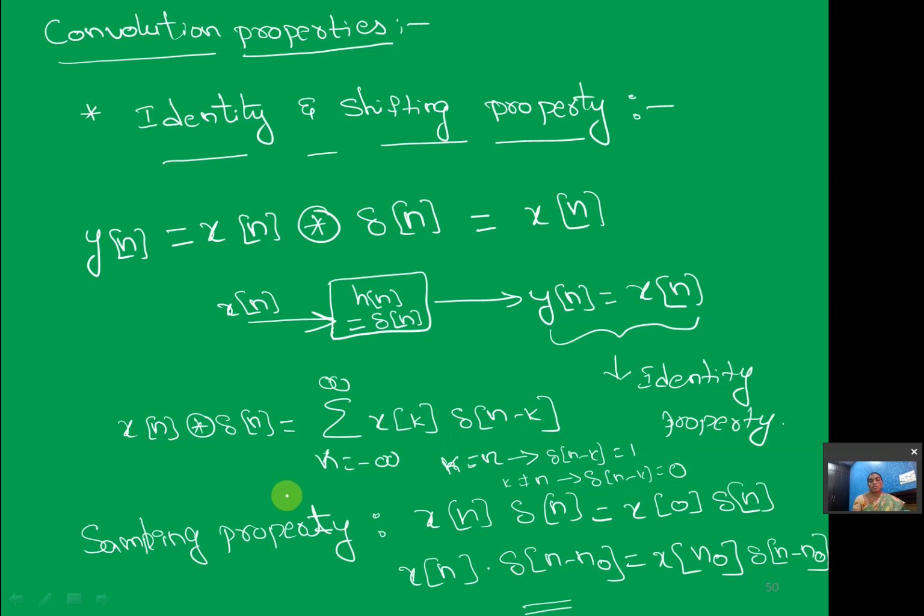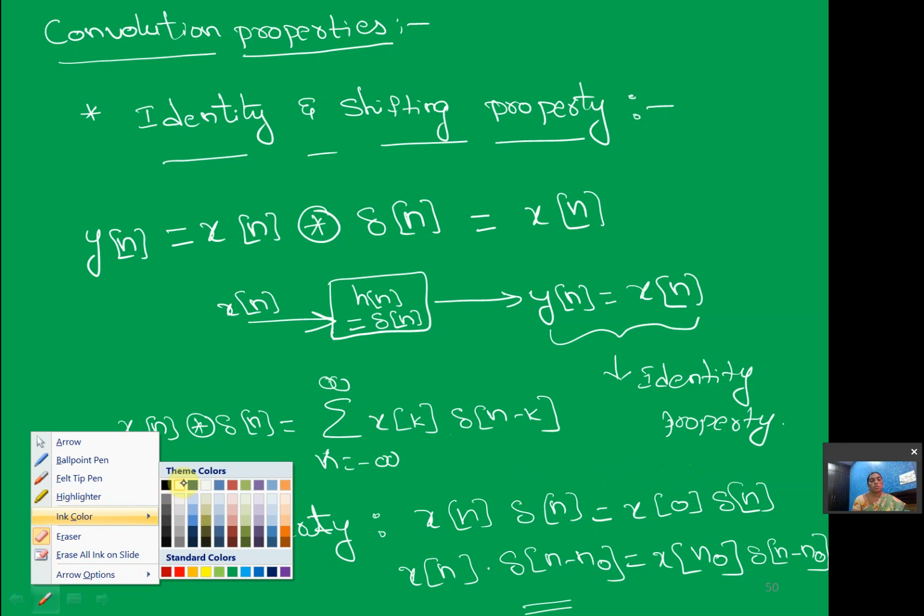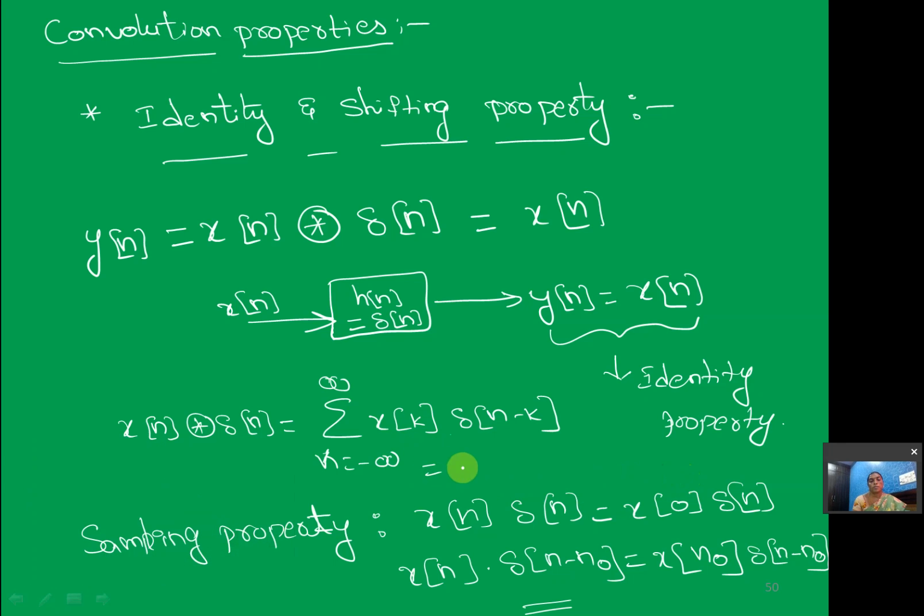So this is equal to summation k from minus infinity to infinity of x of k at k is equal to n.